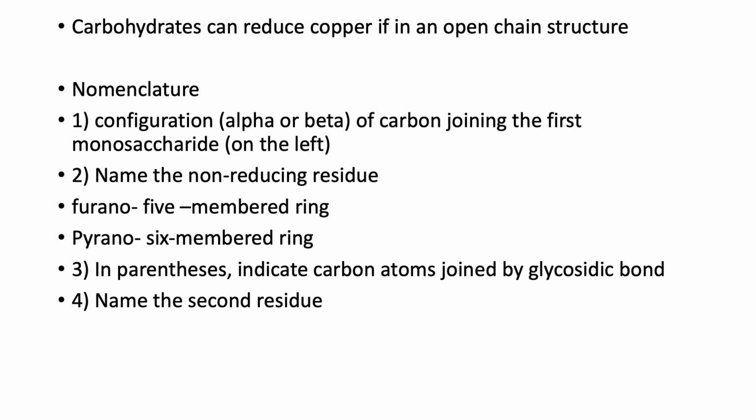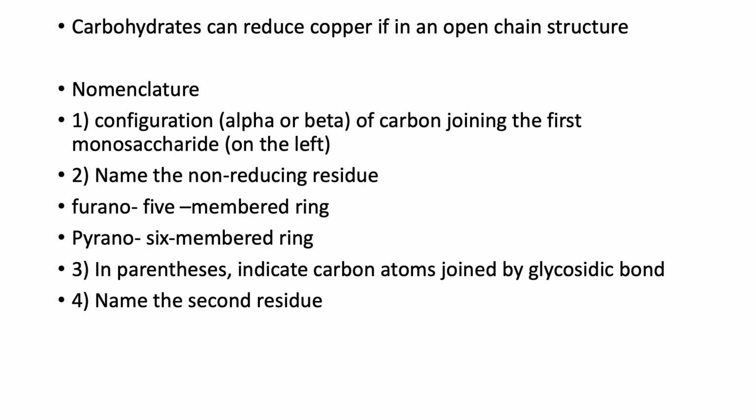The nomenclature, again, you've got configuration of the carbon, alpha beta, the carbon 1 joining the first monosaccharide. The first one is by definition on the left. You name the non-reducing residue, so you have the configuration, whether it's alpha or beta, and then you name the non-reducing residue in the second part, and then after that you either have furano, which is a 5-membered ring, or pyrano, which is a 6-membered ring, and in parentheses you can indicate the carbon atoms joined by the glycosidic bond that was formed through the elimination of water, and then you name the second residue.